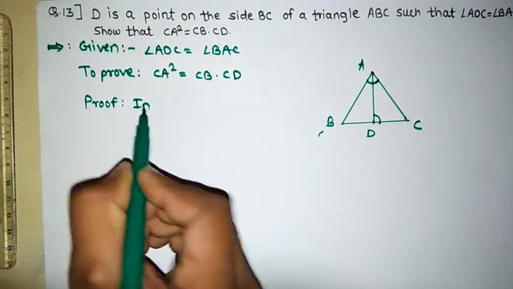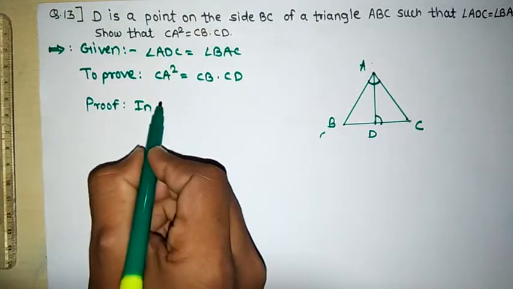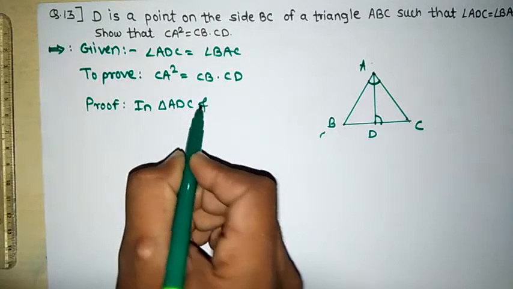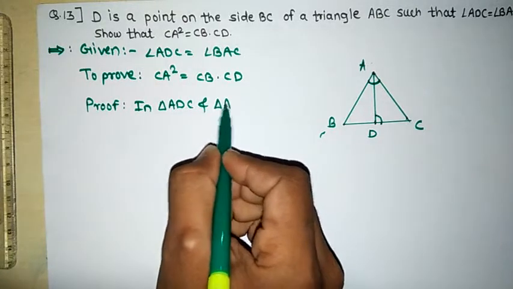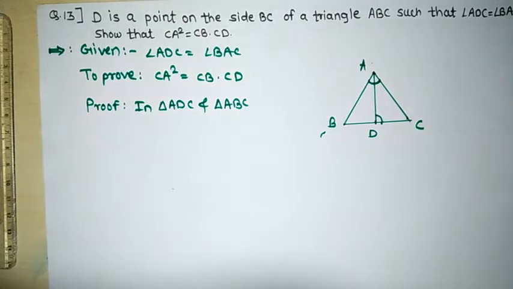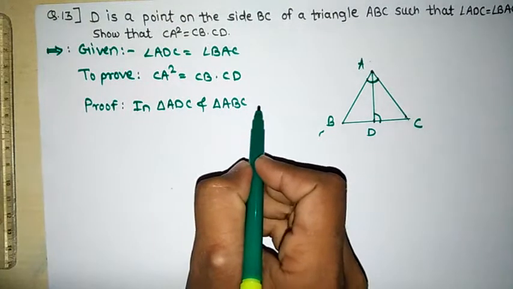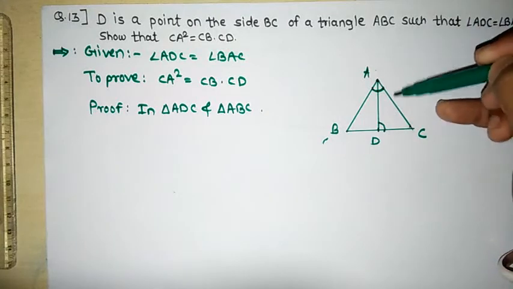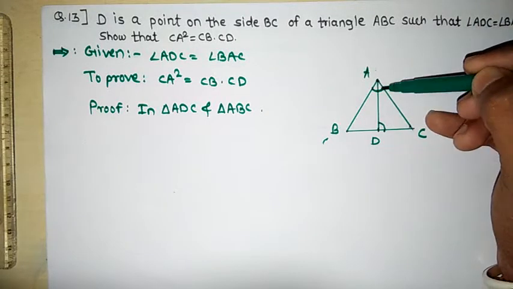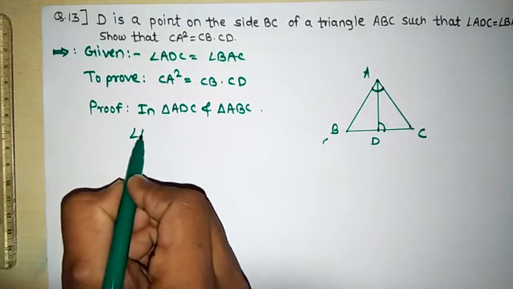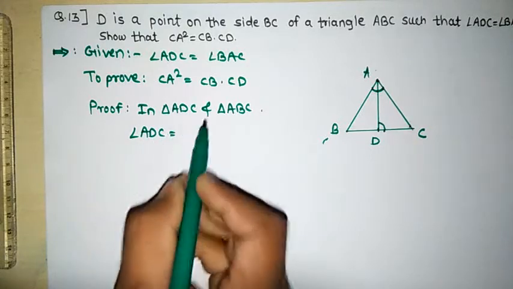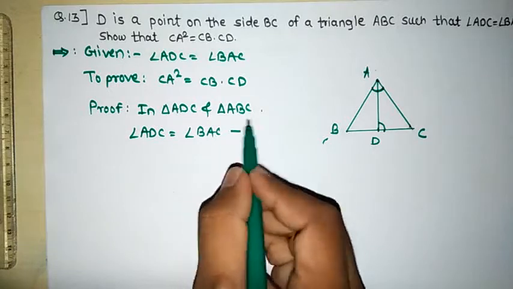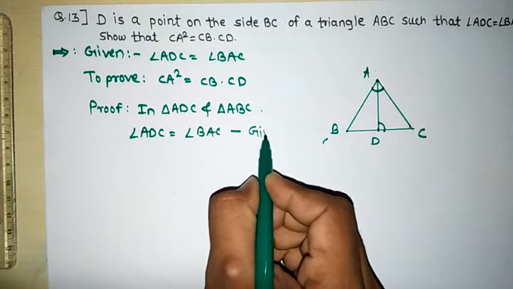We will consider two triangles here. In triangle ADC and triangle ABC, we have to consider these two triangles. In these two triangles, what are the equals here? Can I say that angle ADC is equal to angle BAC? What is the reason? It is a given.